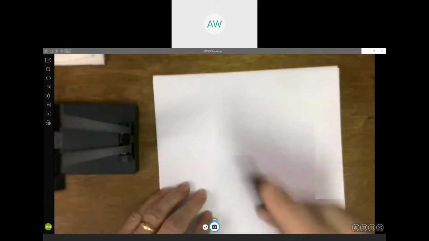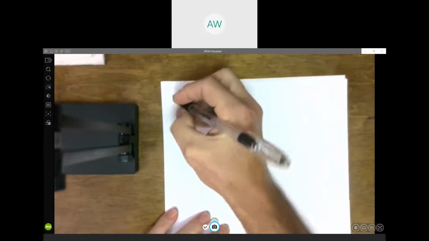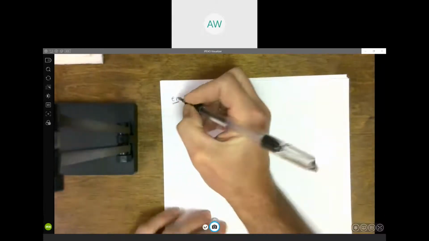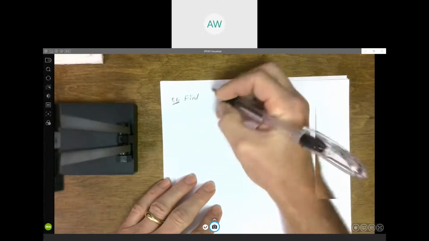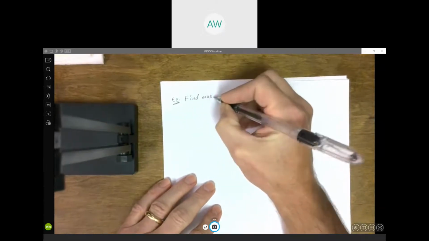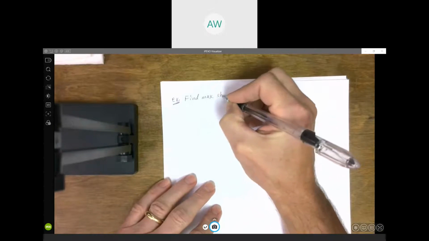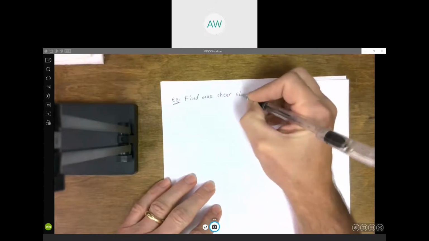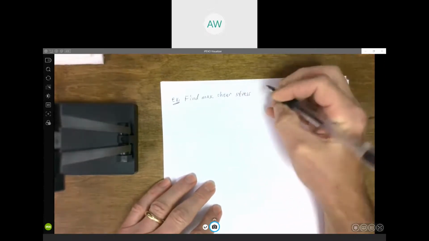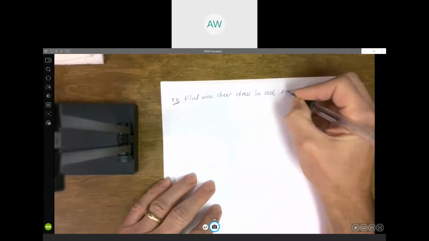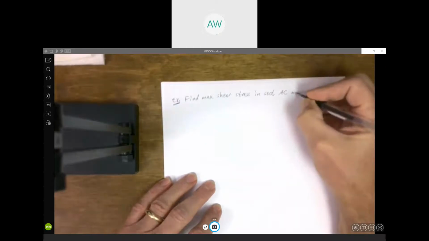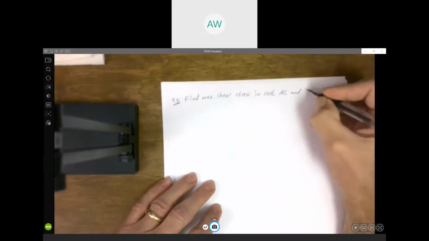All right, so let me draw this. We're asked to find the maximum shear stress in section AC and BC.